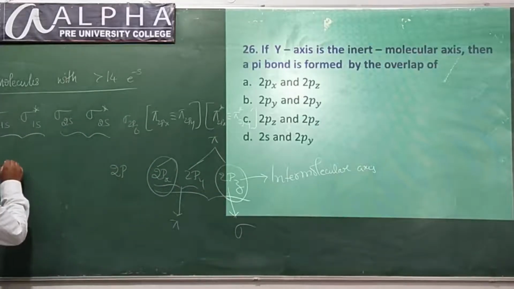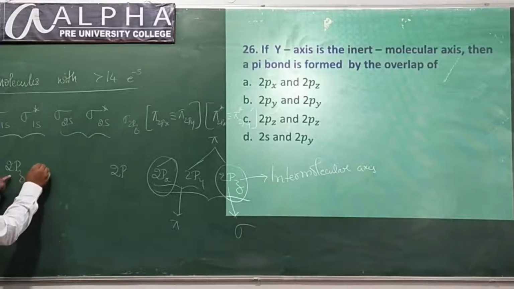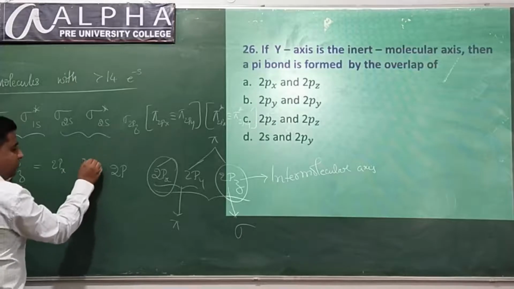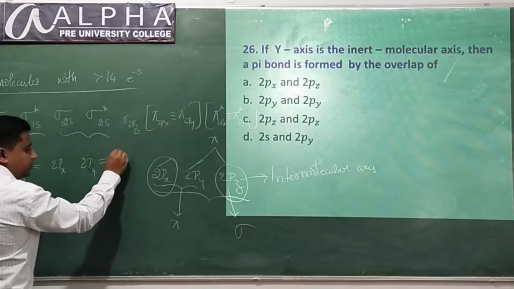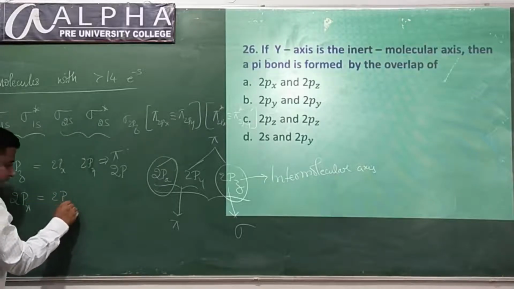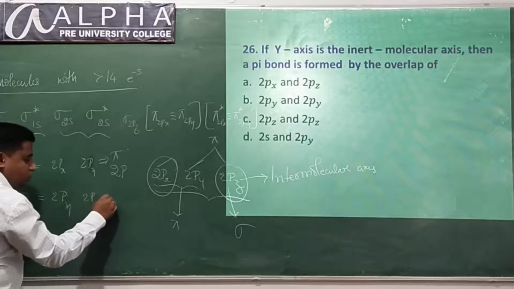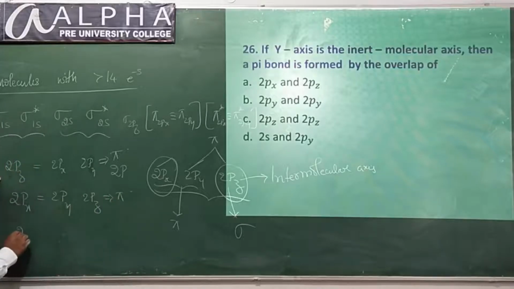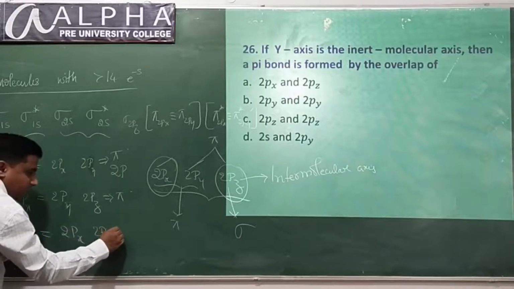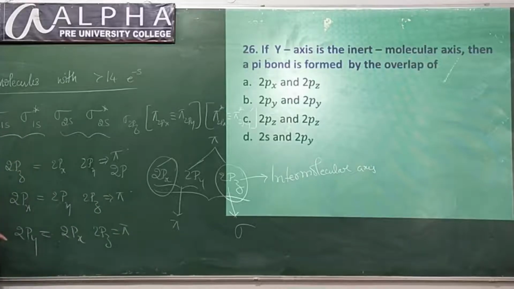So if I choose 2pz as intermolecular axis, then 2px and 2py will form pi bond. If I choose 2py as intermolecular axis, then 2px and 2pz will form pi bond.